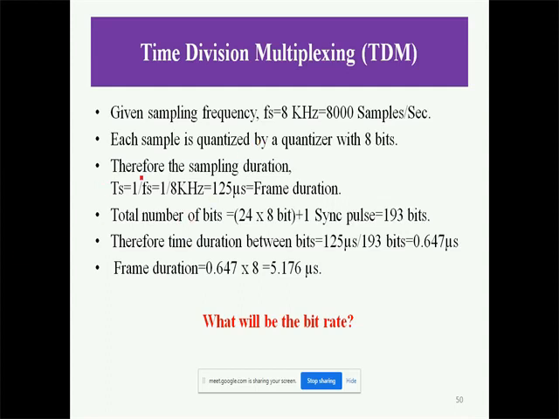Therefore the sampling duration Ts is equal to 1 upon Fs, and Fs is given as 8 kilohertz. So what is the duration of the frame? The duration of the frame will be 125 microseconds. Is it clear?